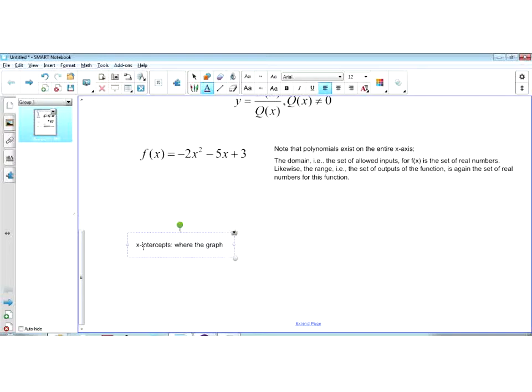Where the graph crosses the x-axis. In other words, these are the roots of the function. So how do we find the roots of this quadratic? There are a couple of ways. Well, two ways in particular.